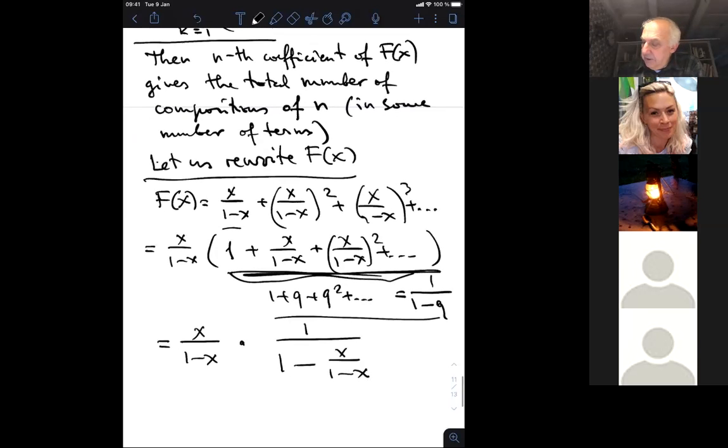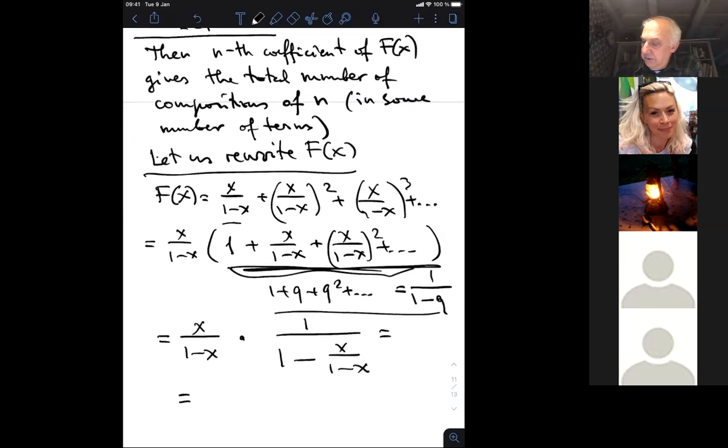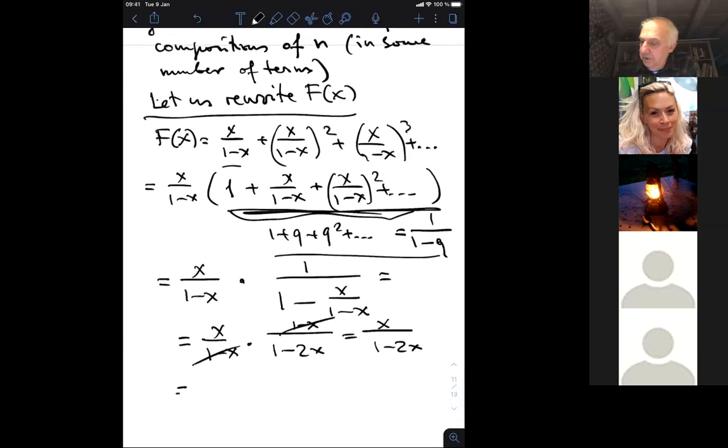Okay, what happens now? So this would be x over 1 minus x, and here we get 1 divided by, let's see, 1 minus 2x here, and 1 minus x ends up in the numerator. So 1 minus x and 1 minus x cancel out. The whole thing would be x divided by 1 minus 2x, which is, in other words, x times 1 plus 2x plus 2x squared plus 2x cubed, and so on.